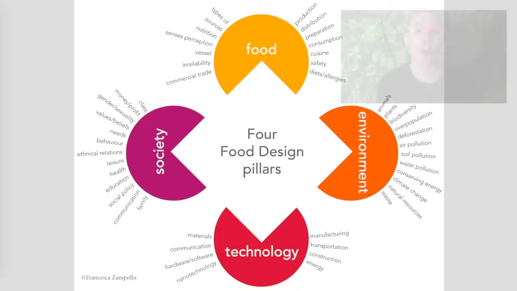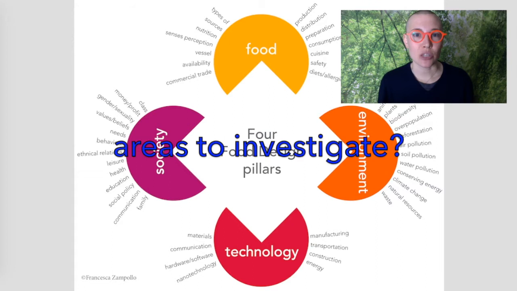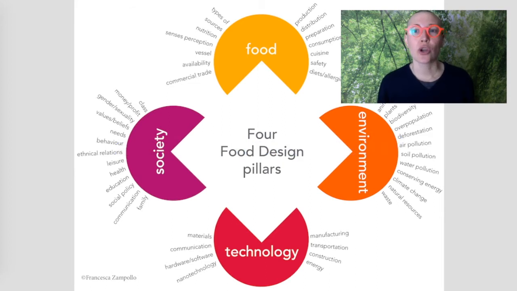Having said that, the 4 food design pillars, let's go into it. When we think of designing food or anything around eating, what are the aspects of knowledge we should consider? What are the areas we should investigate and the information we should include in our project? We can think of such knowledge as being divided into 4 main pillars that together make the whole food design discipline.